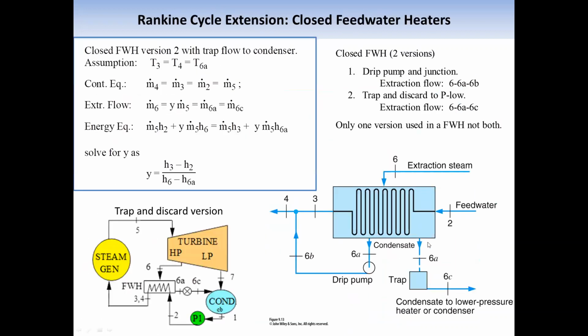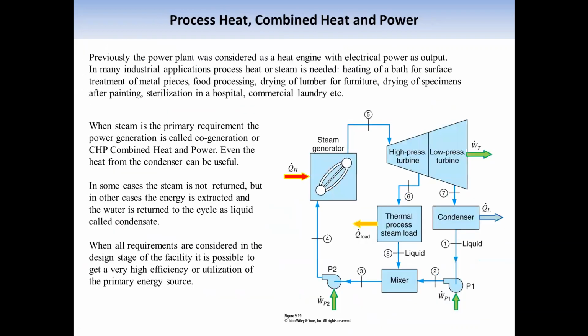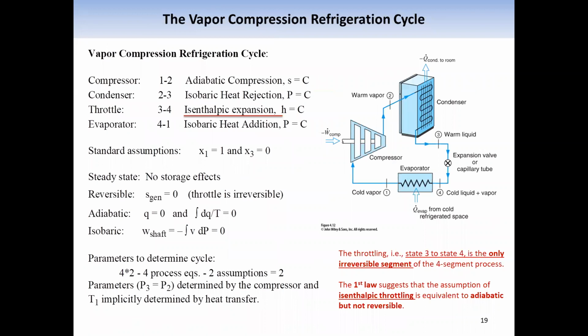Now let's look at a refrigeration cycle. A standard refrigeration cycle we call the vapor compression refrigeration cycle. This 4-segment process is similar to what we discussed earlier. Fluid enters the compressor and releases the heat.